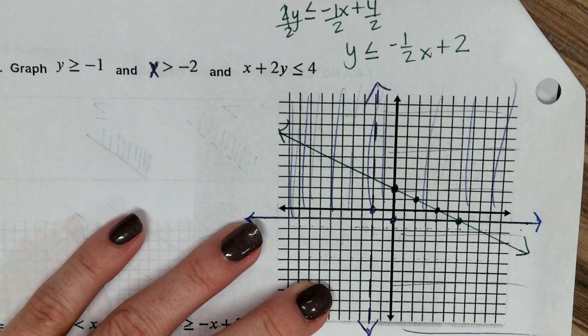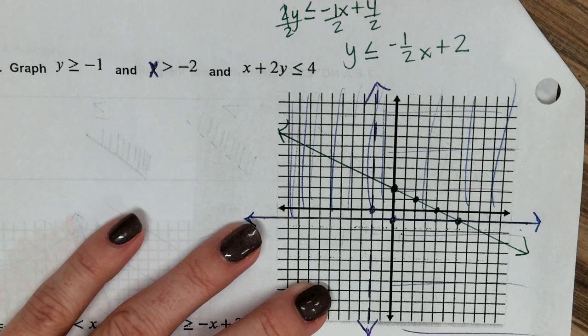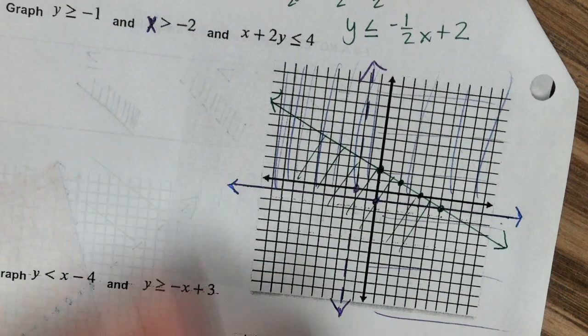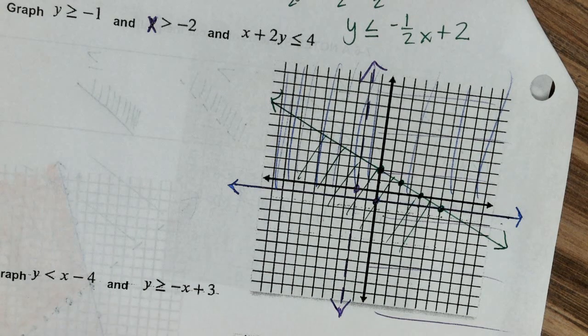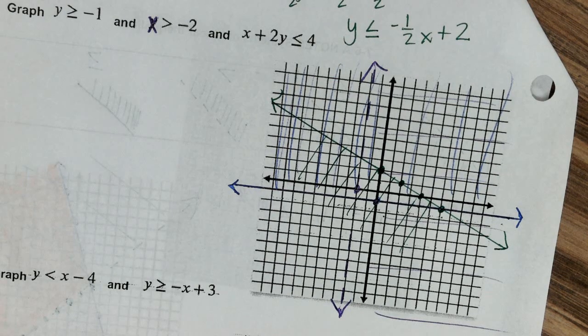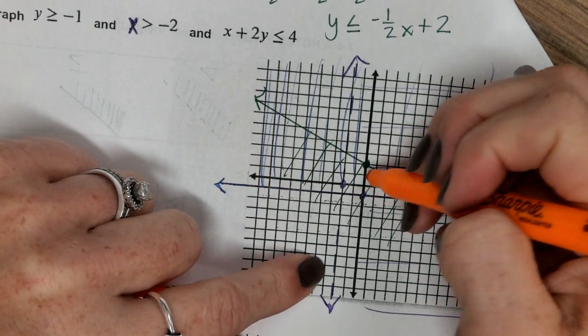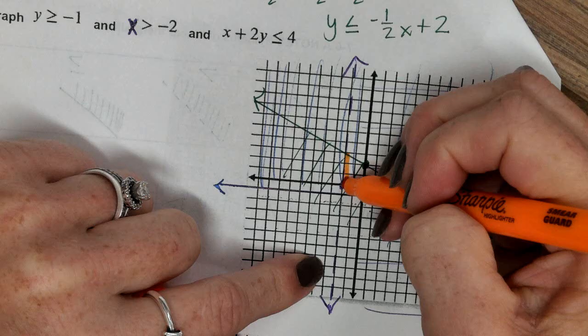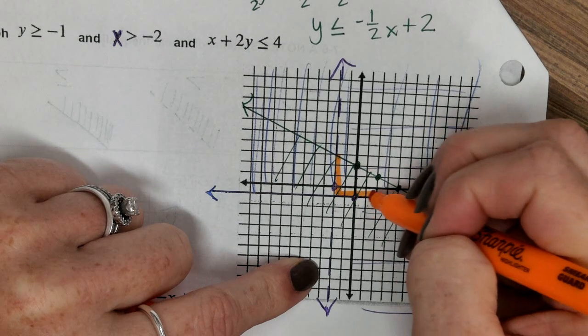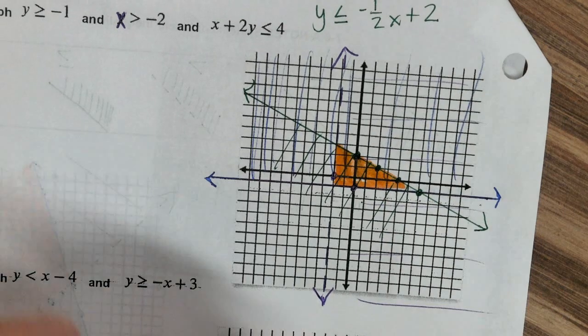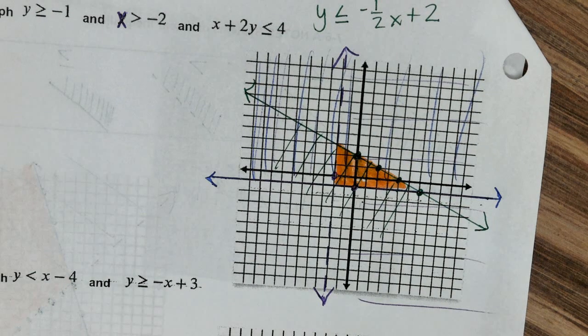It is less than, so which way would I shade? Down. Okay, there is a very small area where it satisfies all 3. So this one was below, this one was to the right of this line, and it was above this line. So it made a little triangle of the points that satisfied all three of those inequalities.